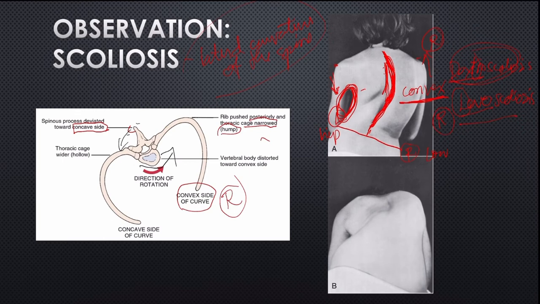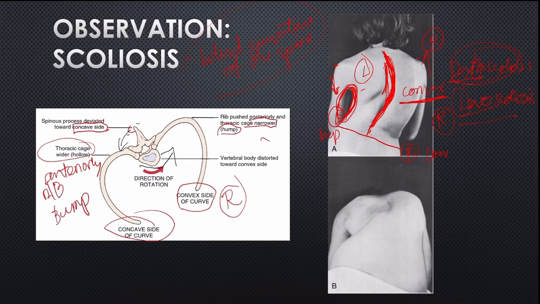On the concave side, on the left side here, the thoracic cage is wider, but the ribs are pushed anteriorly. We call that your rib bump. Rib hump posterior, rib bump anterior.